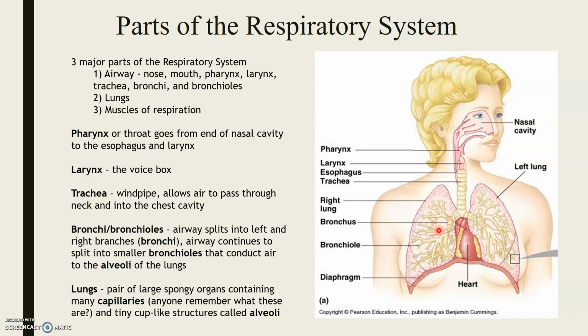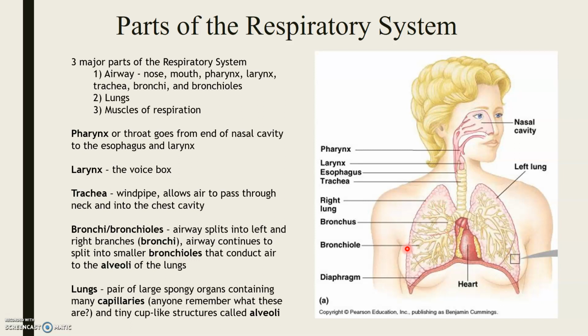These smaller branches that are branching off the bronchi are called bronchioles. And these conduct air to an even smaller structure in our lungs called the alveoli. And the alveoli aren't pictured here, but we will talk about individually what they do in the coming slides.